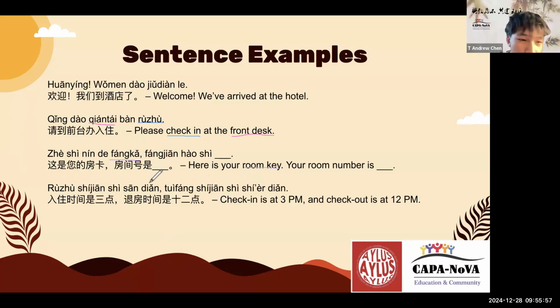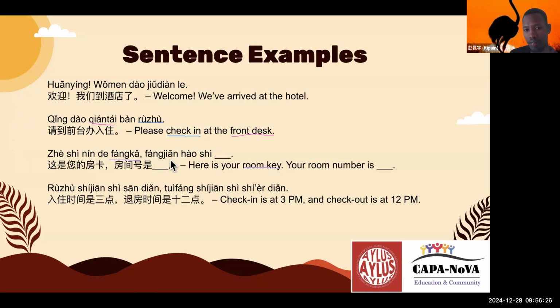So, 这是您的房卡. Remember the 您的 is the respectful way. But if you are on an equal level, you will say 你的. 这是您的房卡. Here is your room key, or this is your room key.